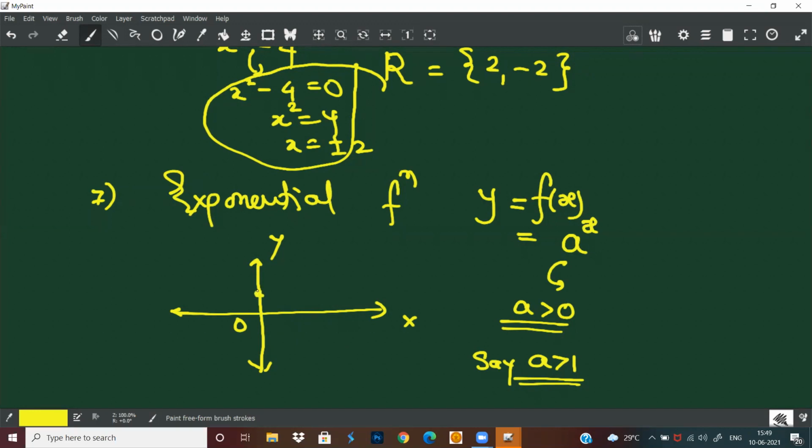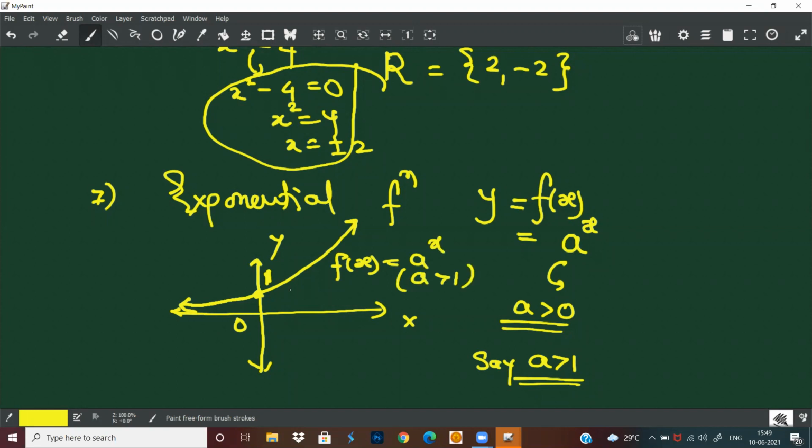This point, you know, anything raised to 0 is going to be 1. Yes, so this will be 1. It will not go negative. Getting it? This will be f of x is a raised to x for a greater than 1.